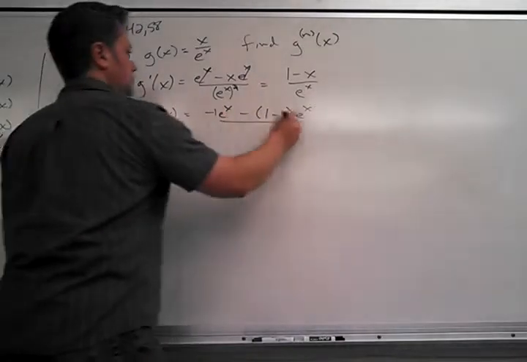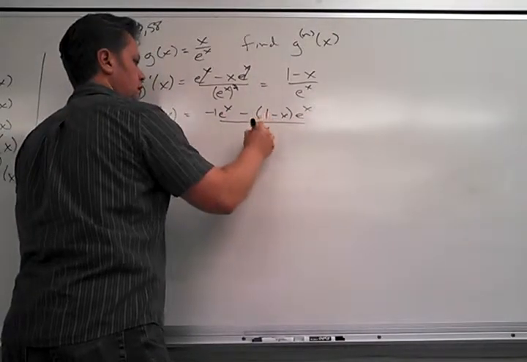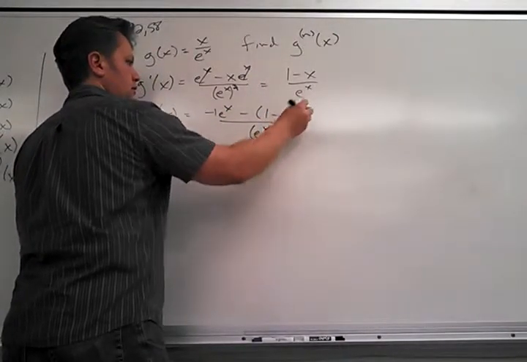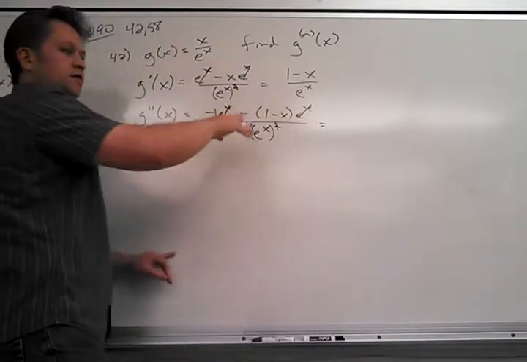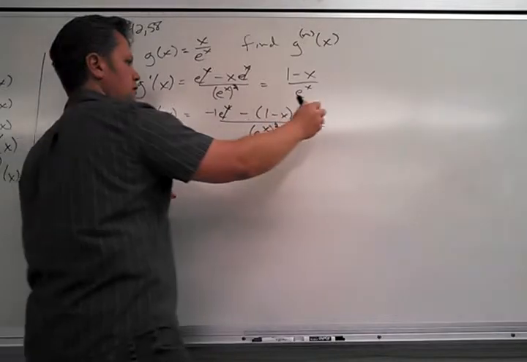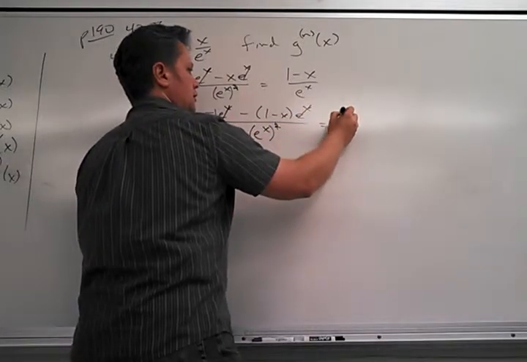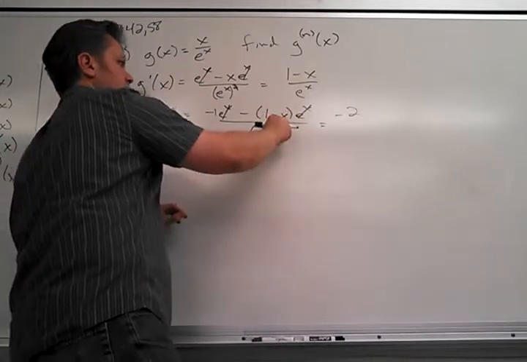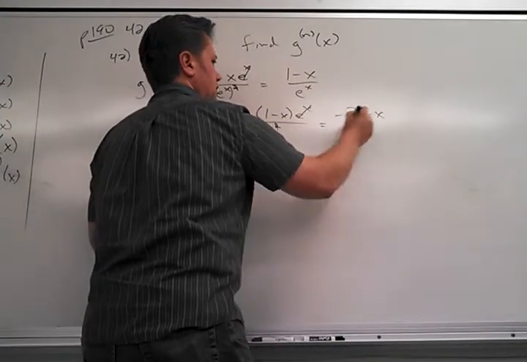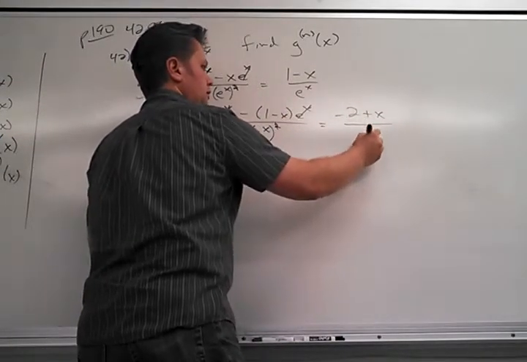All over e to the x squared. And again, take the common factor out. So if I get all my stuff together, this is negative 1 minus 1, negative 2, and then negative x plus x, over e to the x. Sorry.